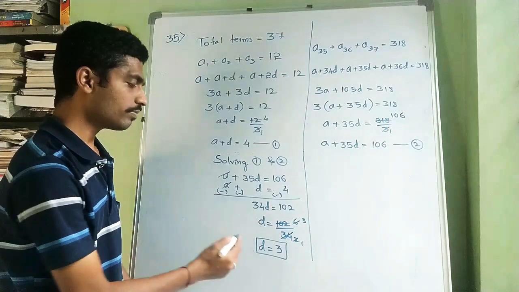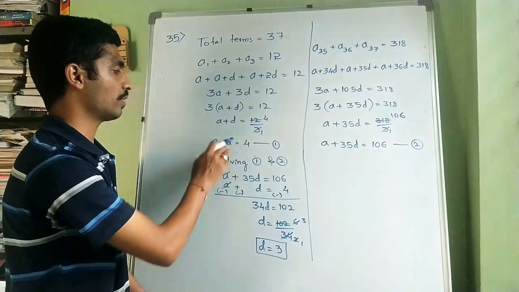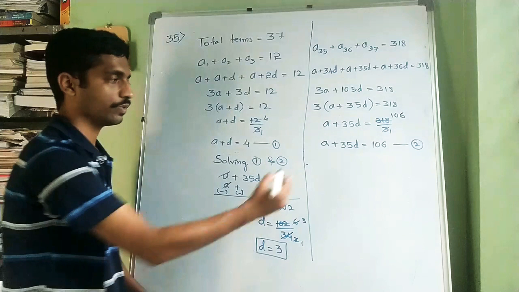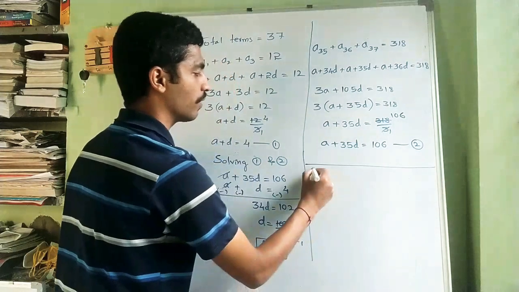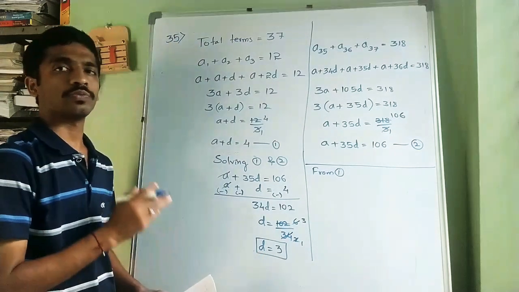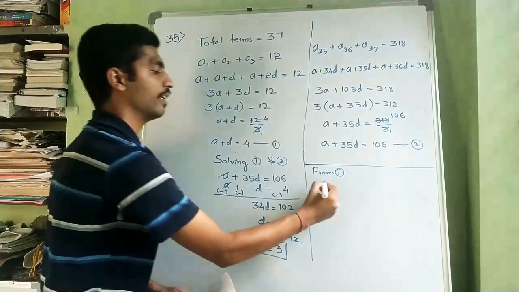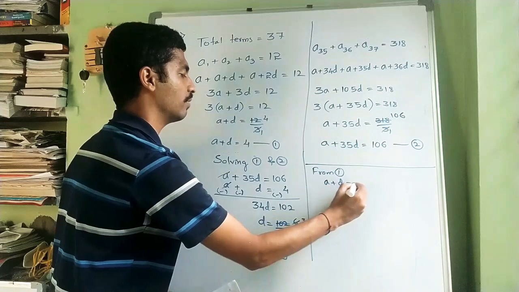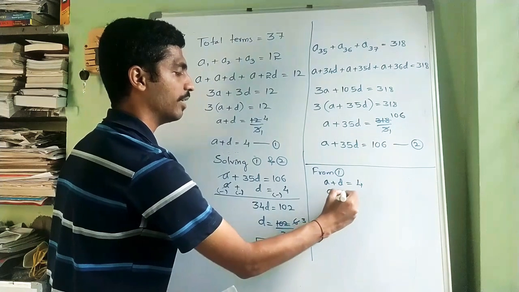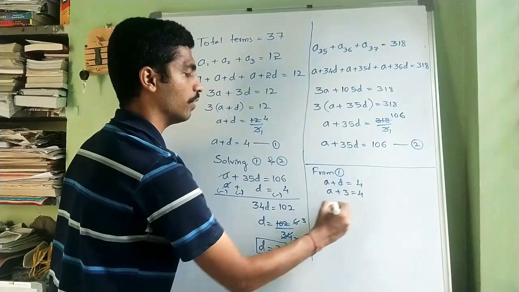So now if the D is 3, substitute in equation number 1. Okay, so from 1, what is there? A plus D equal to 4. So D is 3, then A plus 3 equal to 4.